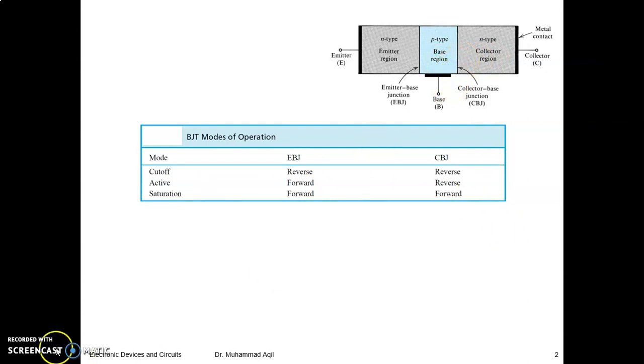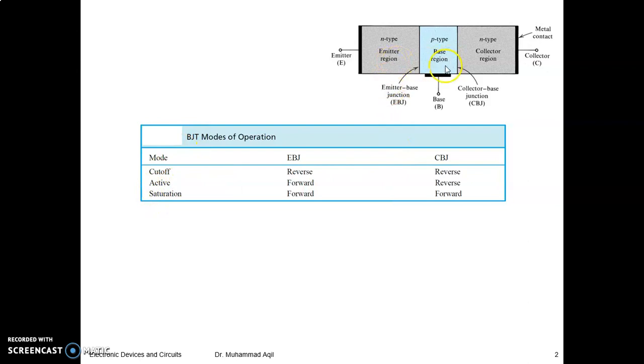If you make the emitter base junction reverse biased and the collector base junction also reverse biased by applying the required polarity voltages at these three terminals, then you are in the cutoff mode. If the emitter base junction is forward biased and the collector base junction is reverse biased, then you are in the active mode.